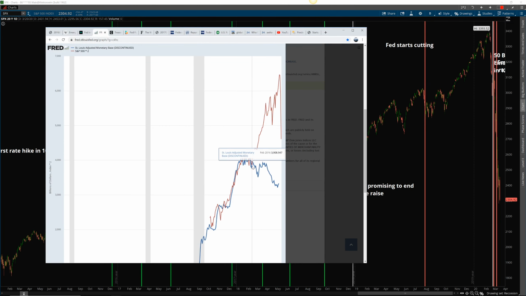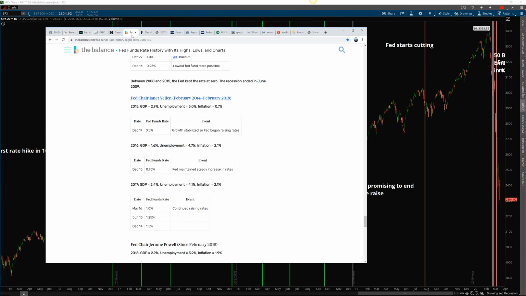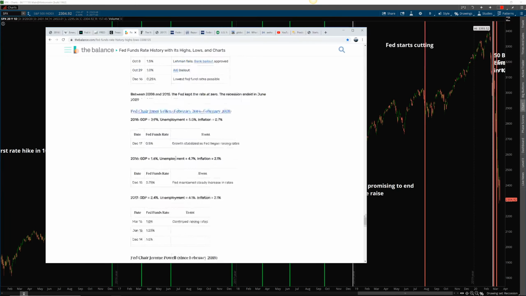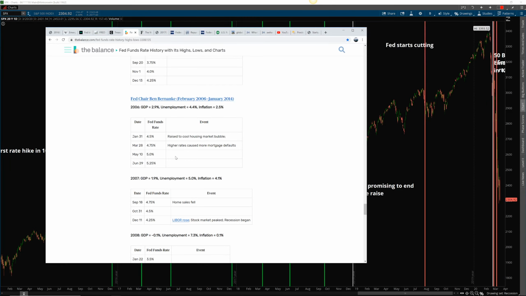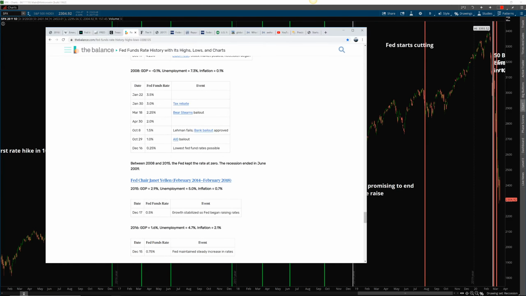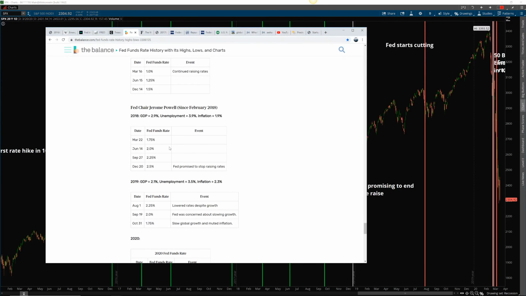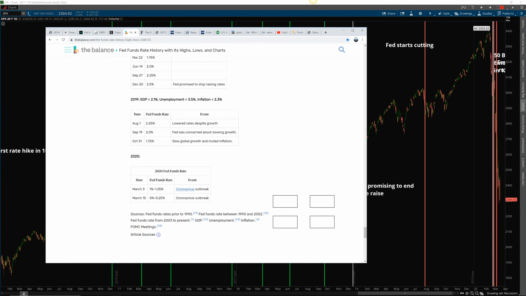When the Fed started hiking rates, they were taking money out of the system, and that creates this divergence. The market continued higher as the Fed was pulling liquidity until basically the point where we're at now, where the market has reacted. This chart, or this page, shows all of these rate cuts and all of these Fed decisions that I have marked up on the chart.